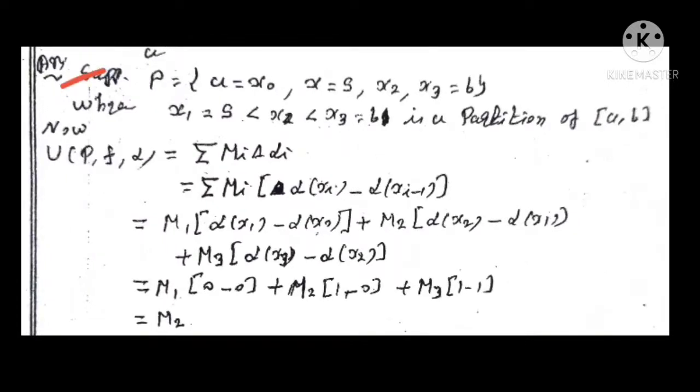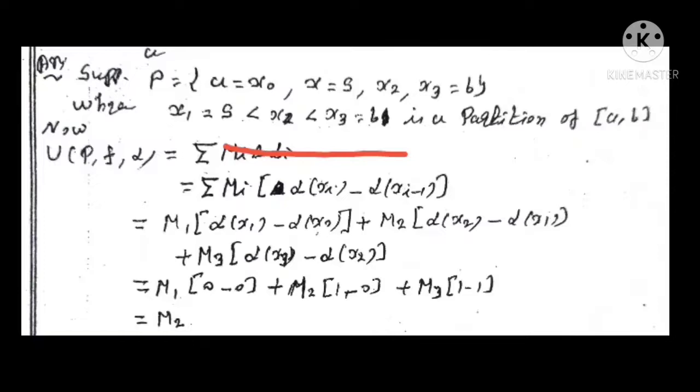Suppose P is equal to {a is equal to x0, x1 is equal to s, x2, x3 is equal to b}, where x1 is equal to s less than x2 less than x3 is equal to b, is a partition of closed interval [a, b].